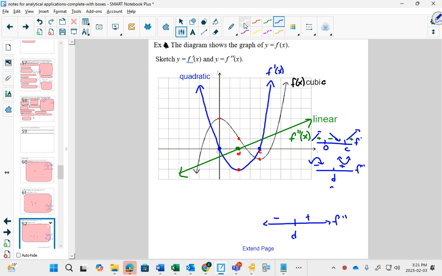Then up here they write F, and in between they write F prime. Because if it's negative, that tells us on F it's concave down and concave up. If it's negative and you just went up one level, it would tell you that F prime goes down and then up. Does that make sense of having all three on one?